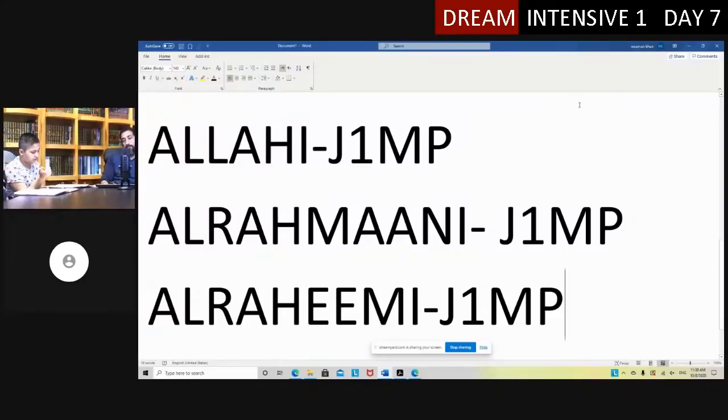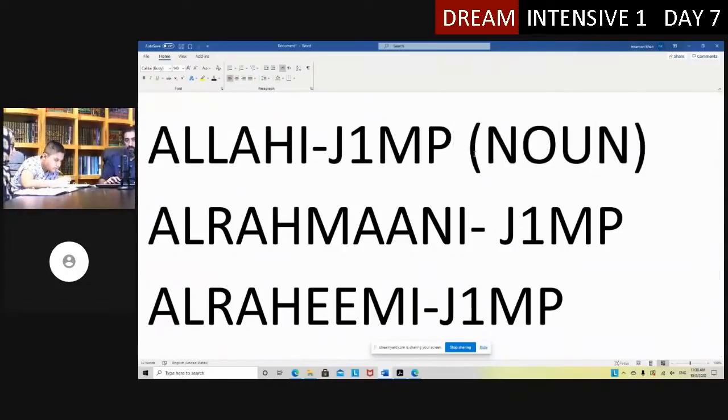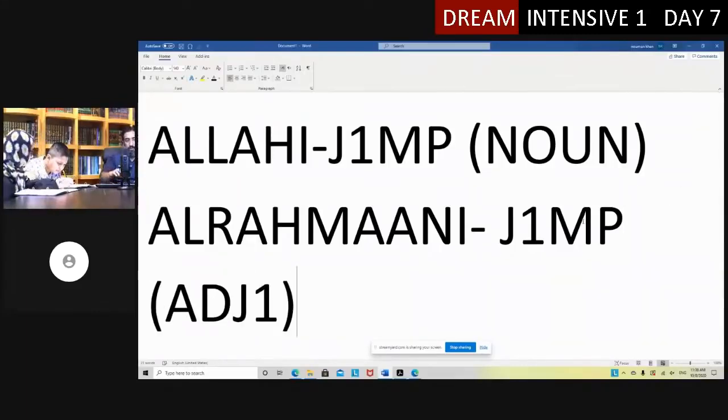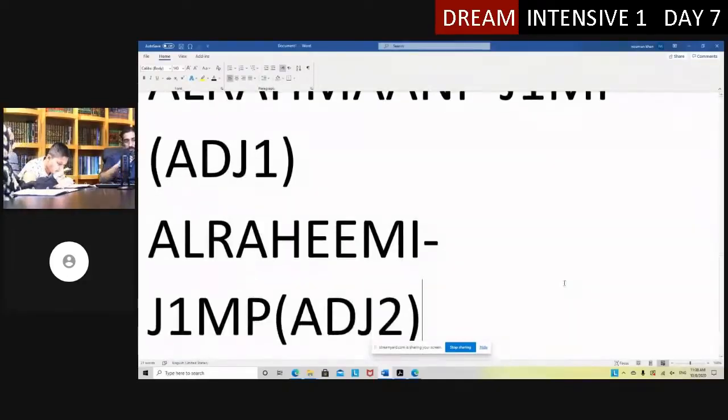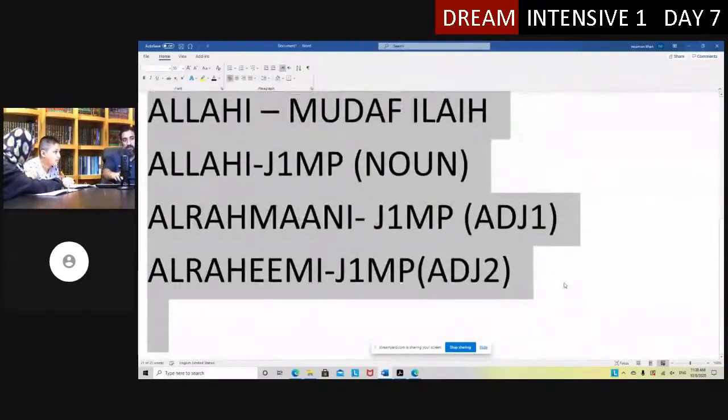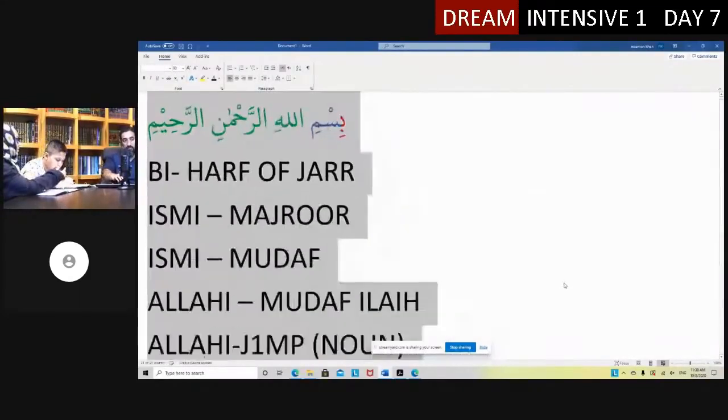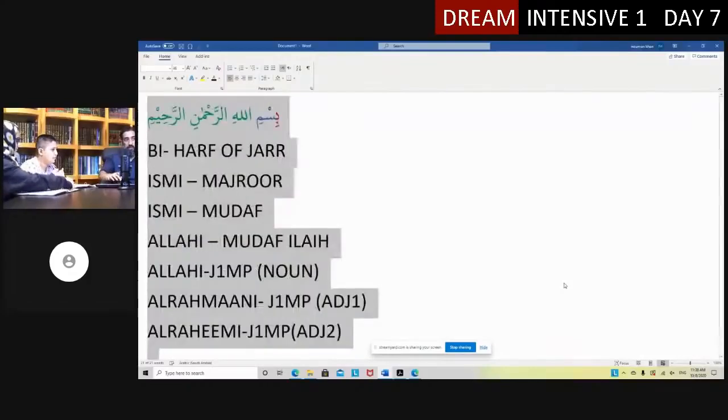What did we learn today? We learned if you find properties matching, then the first word is the noun and the other ones are adjectives. So I'm going to put in parentheses noun next to Allah, then adjective 1 here and adjective 2 here. I'll make it smaller so you guys can see. I didn't figure this out. You guys did. I just prompted you.